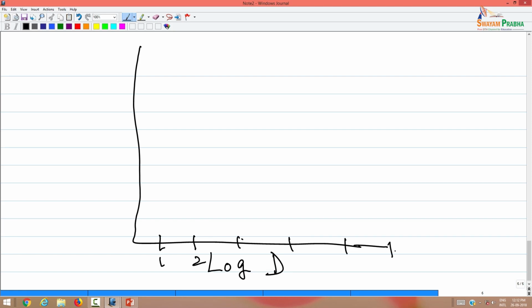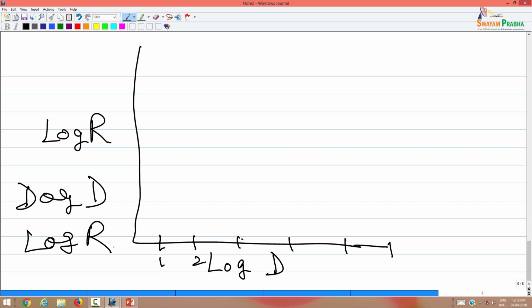It can vary maybe from 1 person to 10,000 persons, and in that case you convert this also into a log response. So, this type of graph is called a log dose versus log response. Now, when you convert to this log dose and log response graph, the graph which you will get is a straight line.